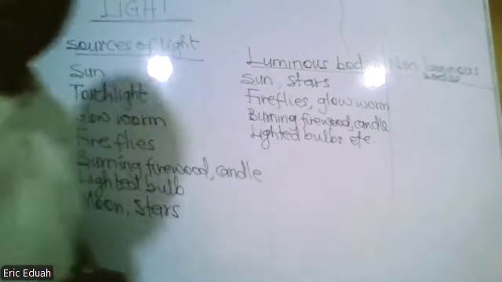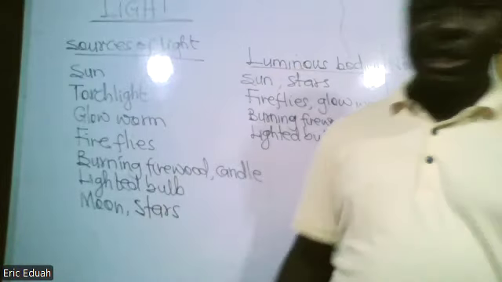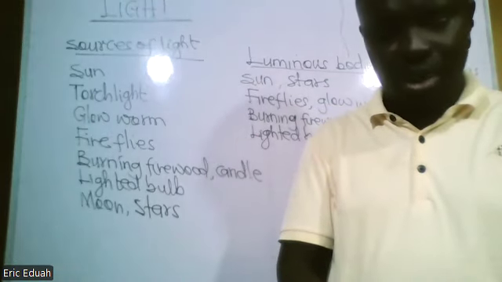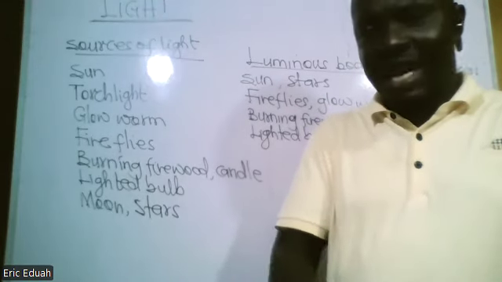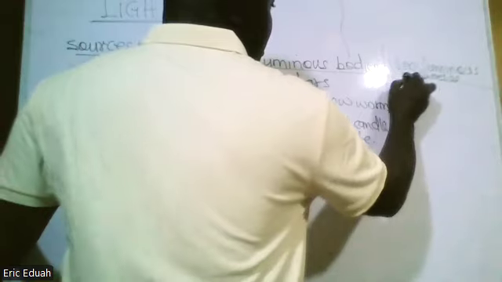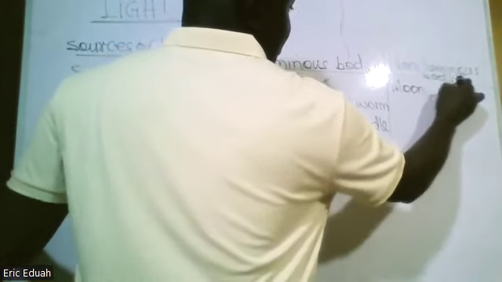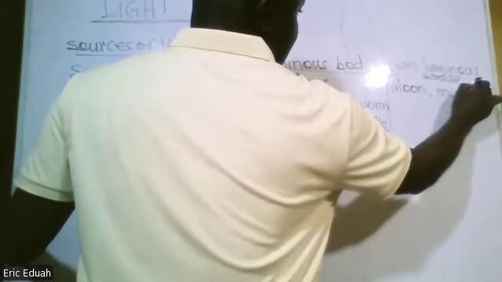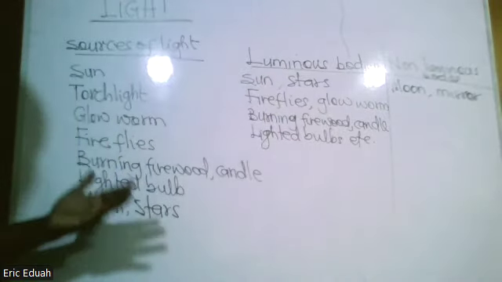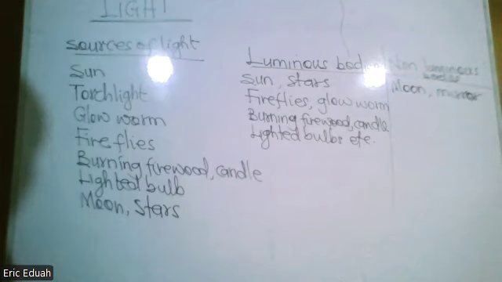Non-luminous bodies do not produce their own light. An example is what you said, the moon. The moon reflects light from the sun. Even a mirror also reflects light. So this is what we are terming luminous bodies and non-luminous bodies.